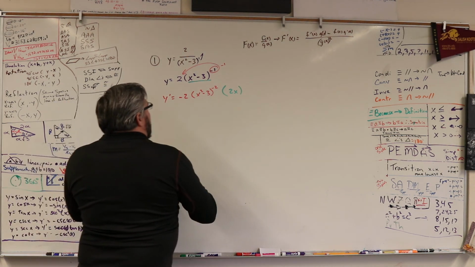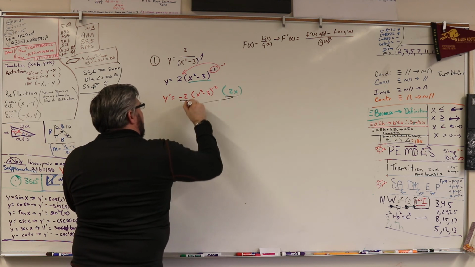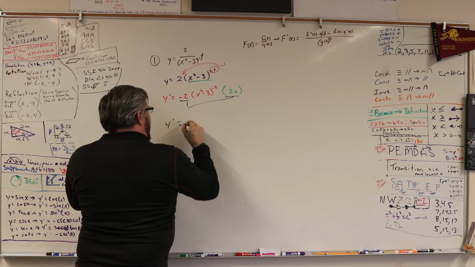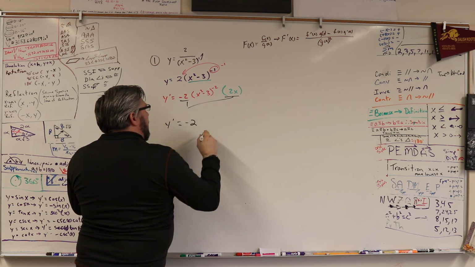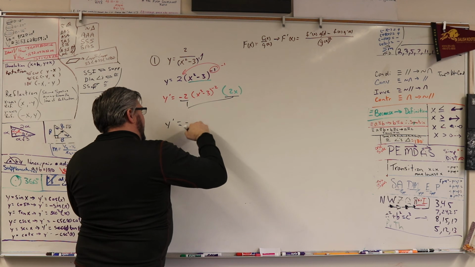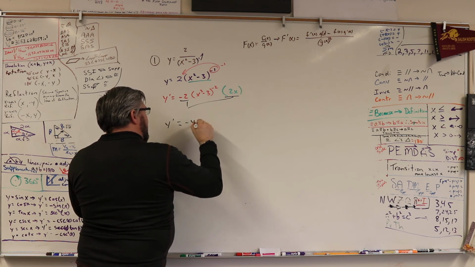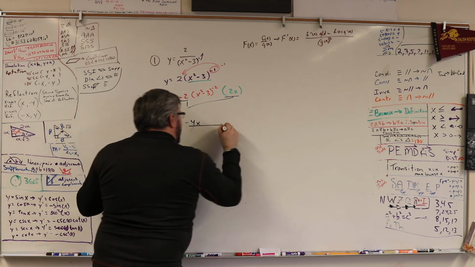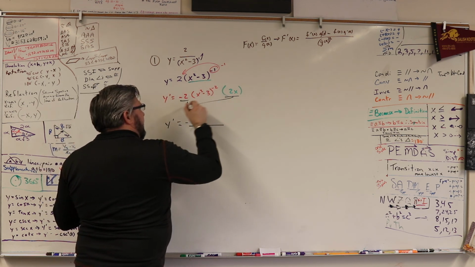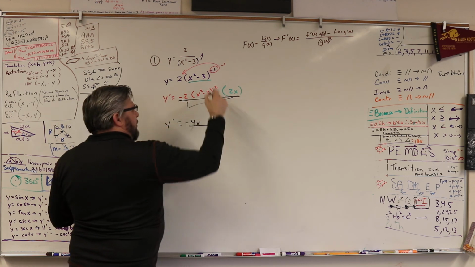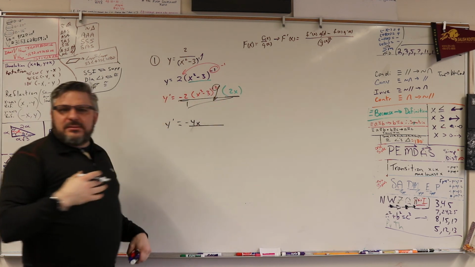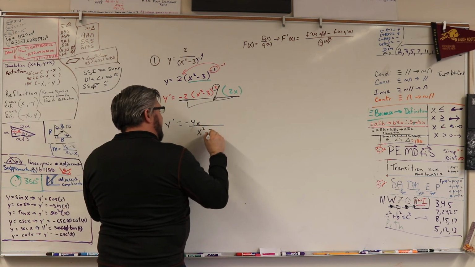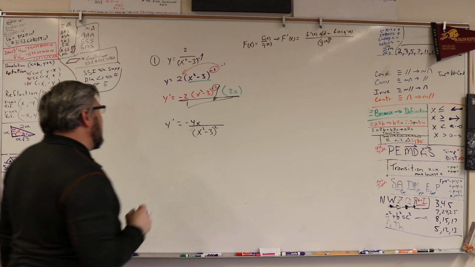So we multiply these, and we get y prime is equal to negative 4x, right? 2 times 2 is 4, all over, bring it down and make it positive, x squared minus 3 squared.